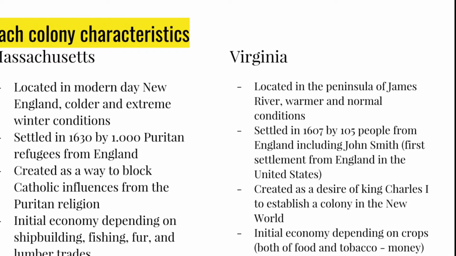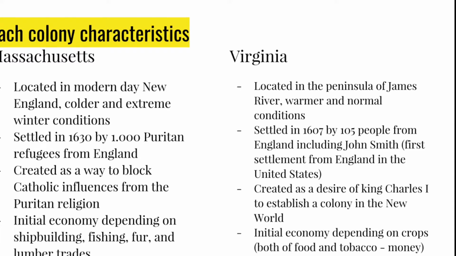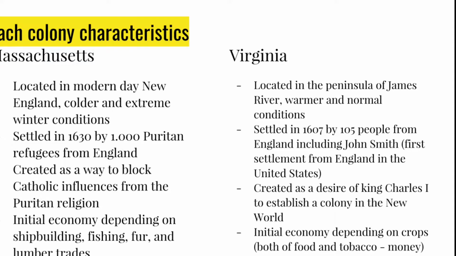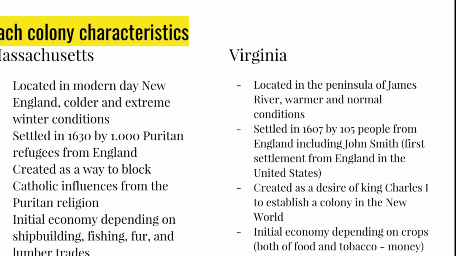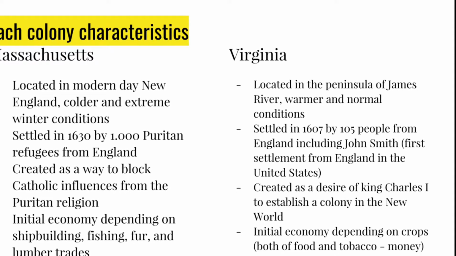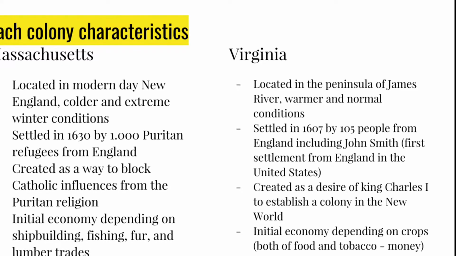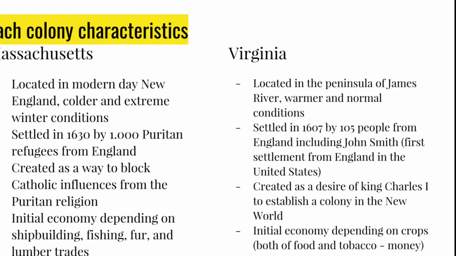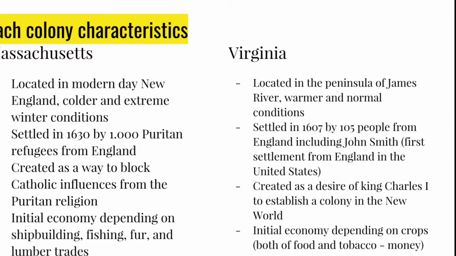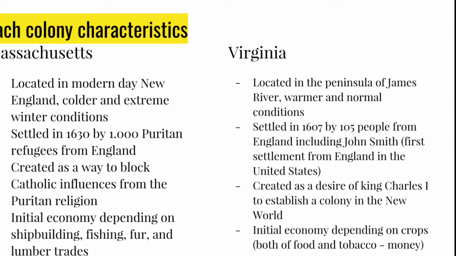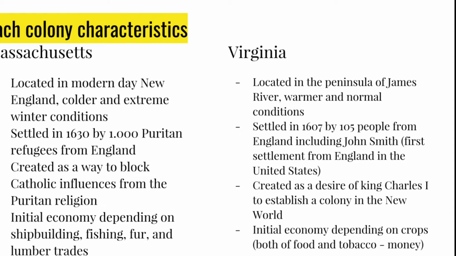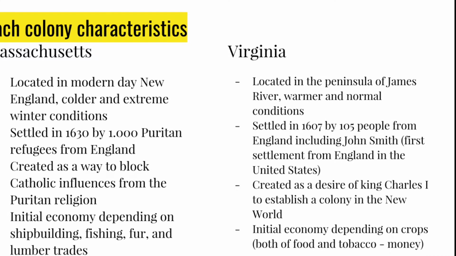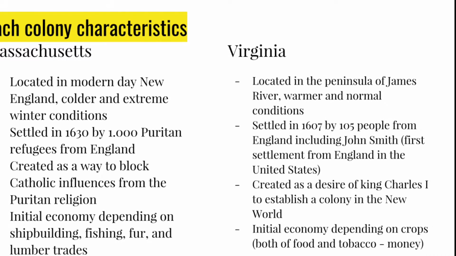It was created as a way to block Catholic influences from the Puritan religion, and its initial economy depended on shipbuilding, fishing, fur, and lumber trades. So, it was basically a small colony which was set by Puritan refugees who were escaping from England and also Catholic influences, and they had built an economic way of surviving through its colonizing process.